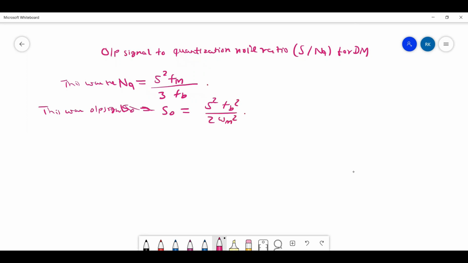So we want a ratio of these two. So the ratio S naught upon NQ is given by s square fb square upon 2 omega m square into 3 fb upon s square fm.